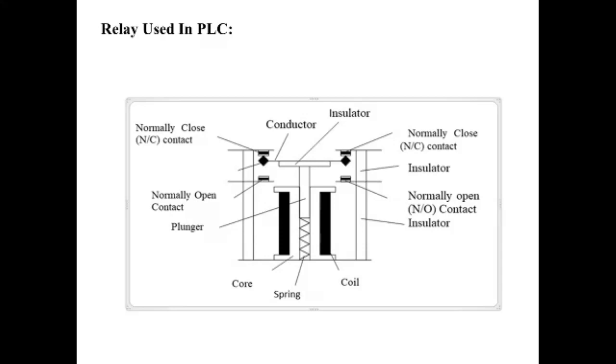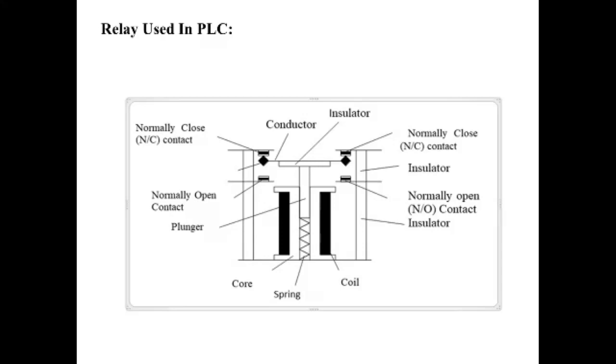A movable contact and conductor are mounted via an insulator to a plunger which moves within a bobbin. A coil of copper wire is wound on the bobbin to create an electromagnet. A spring holds the plunger up and away from the electromagnet.